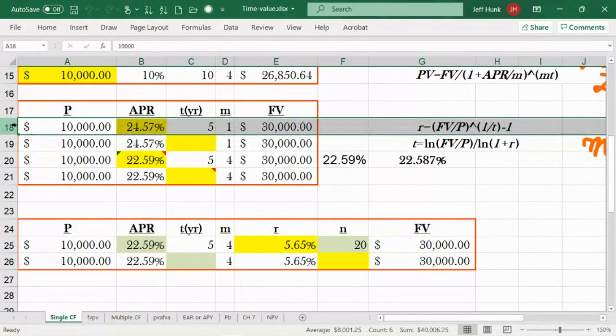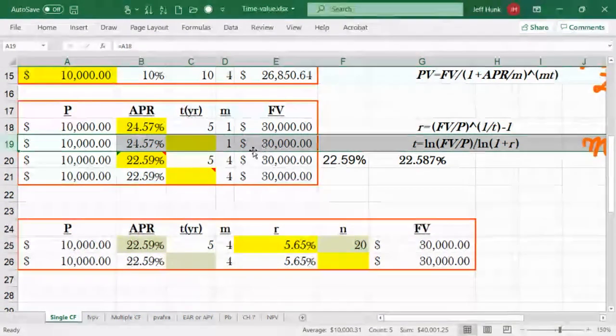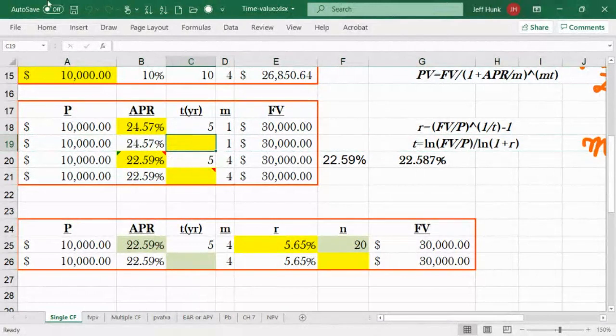And previously, under this scenario, you have a principal of 10K, a target future value of 30K, and your timeline is 5 years. Then, what should be the interest rate? We solved for it. But in row 19, now they are flipped.